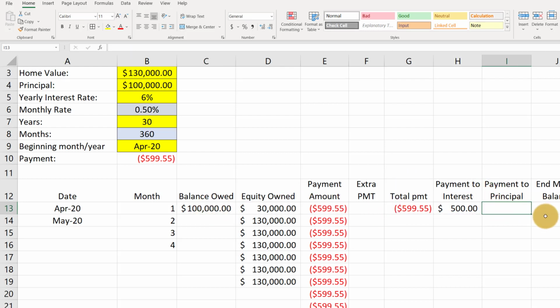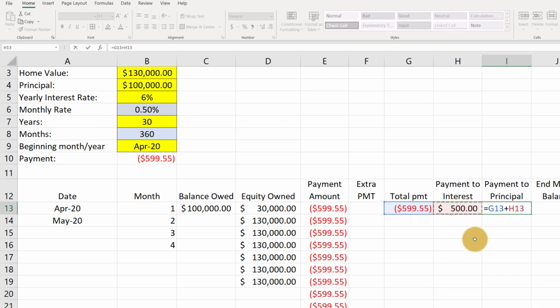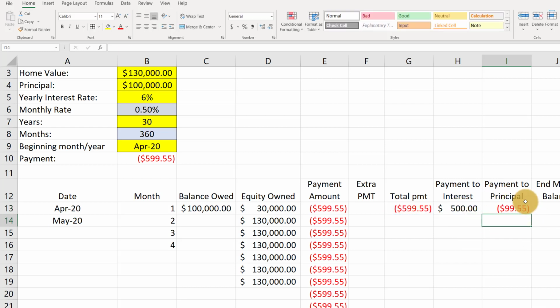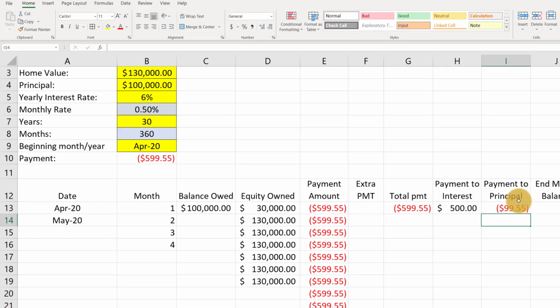It's going to be equals how much the payment is, and then we could just add plus this 500, and that 99.55 says, well, that's the amount we're paying that goes towards paying down the balance we owe the bank.